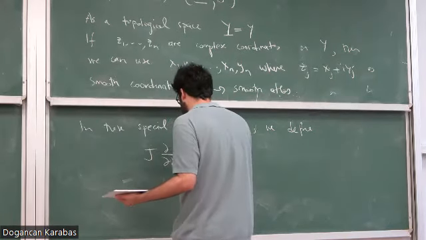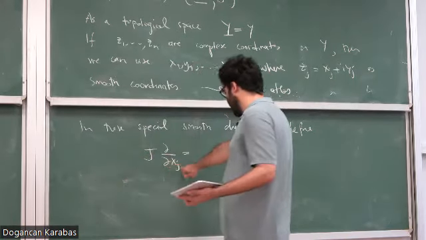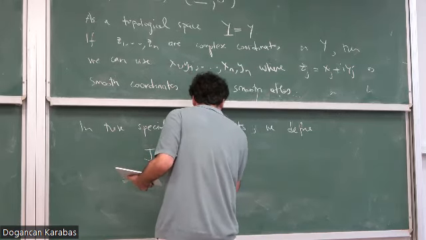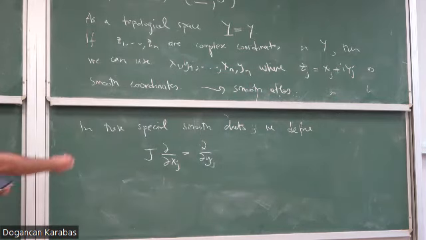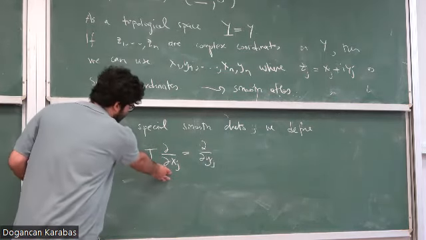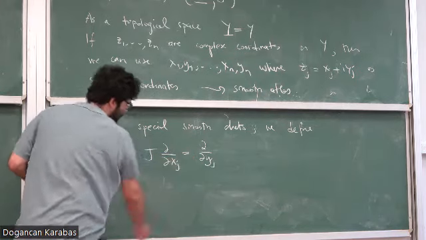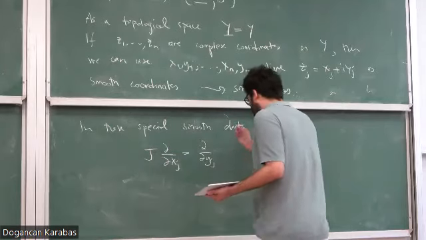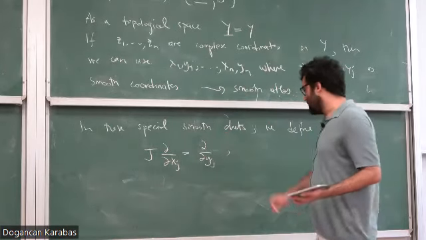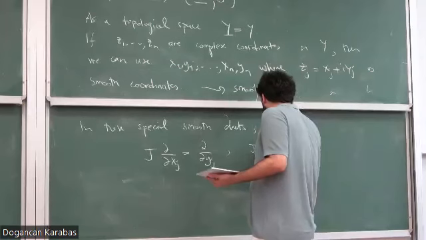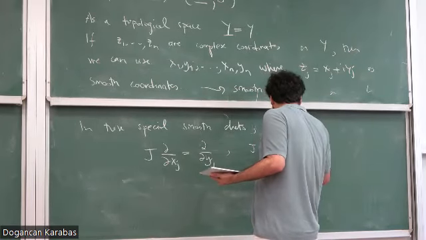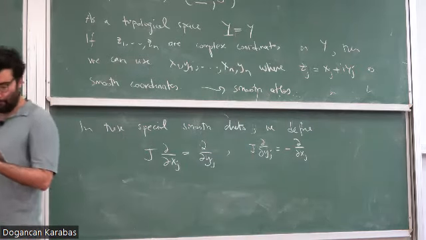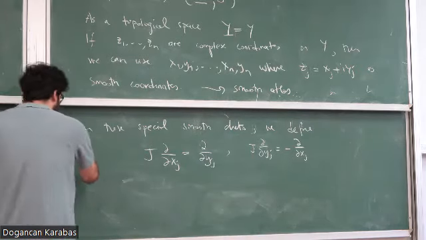Whatever letter I use, it causes a problem, but it's a capital J and a little j, so it's okay. The operator is defined to take this tangent vector to this tangent vector, whenever it's defined on this coordinate chart. And I also want J squared to be -1, so I'm forced to define J of d/dy_j as minus d/dx_j.